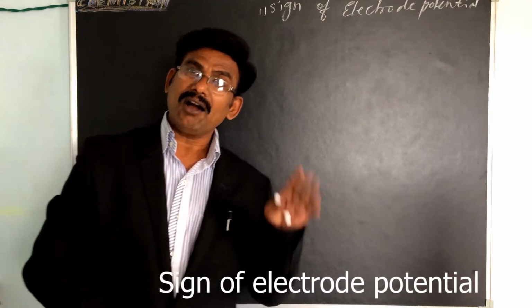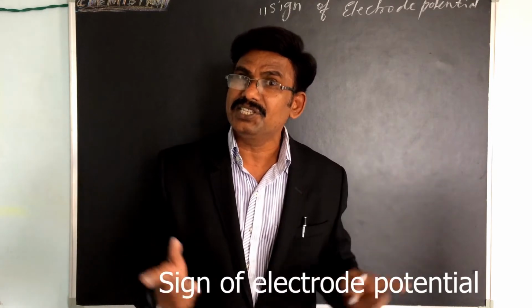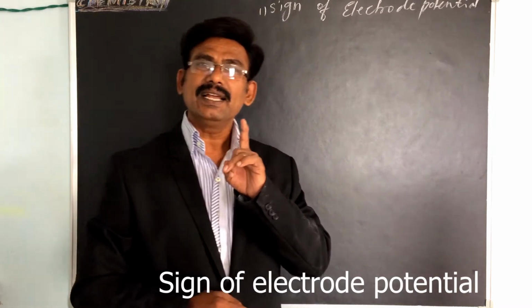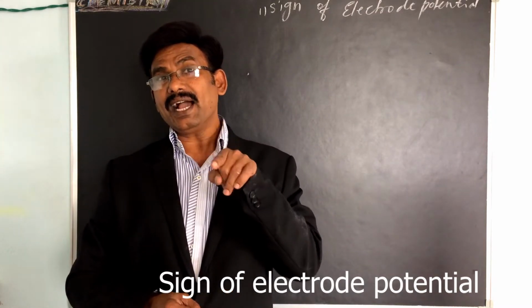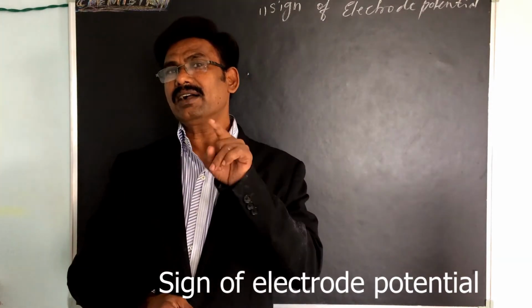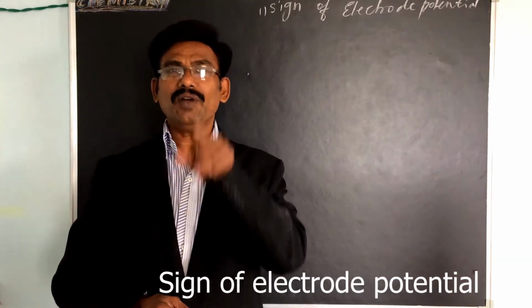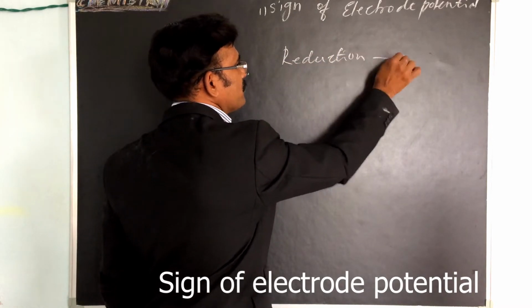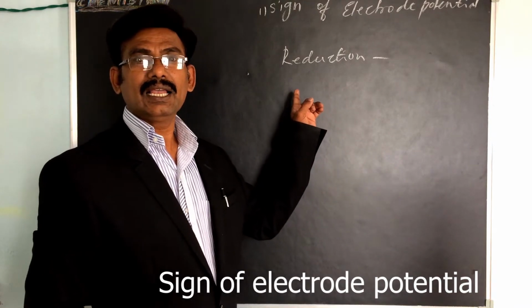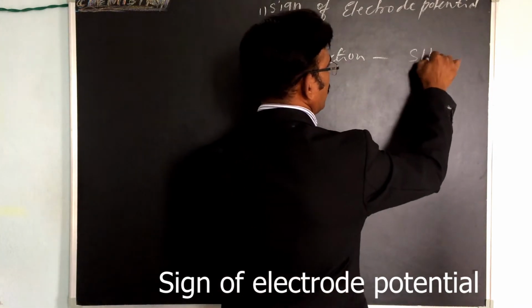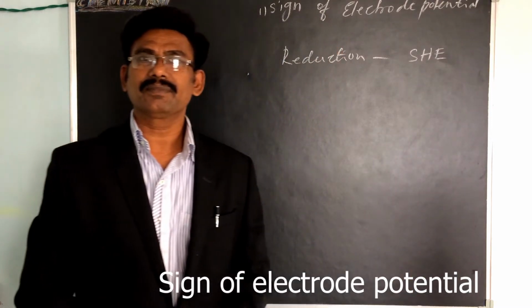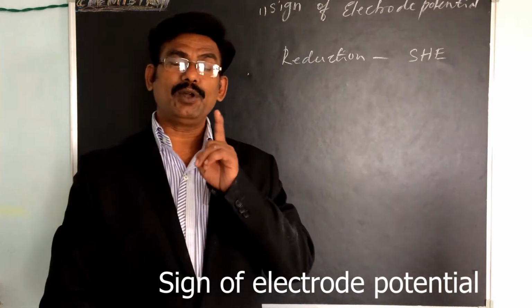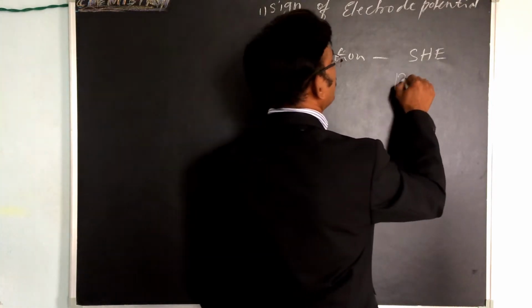If reduction occurs on an electrode when combined with SHE, the electrode potential is given a positive sign.